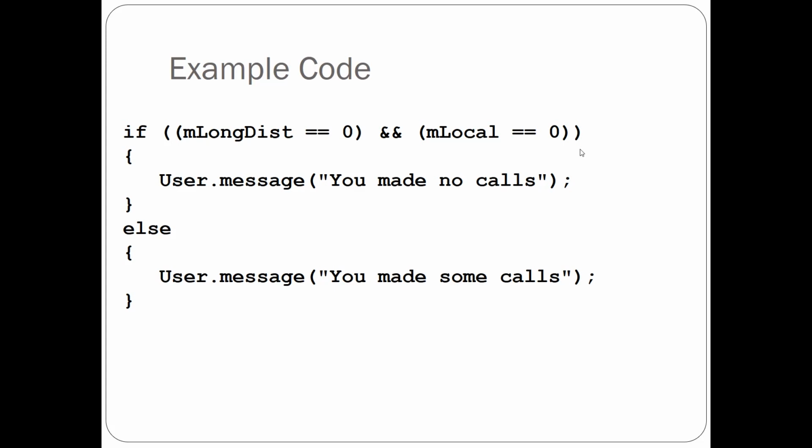In the context of the program that you're going to be demonstrating in a minute, it basically identifies that if the number of long distance calls is 0 and the number of local calls is 0, so if both sides are true in order for the AND to produce a true, then it will tell us that we made no calls. Obviously, if that's not the case and these two values are clearly different than 0, it will tell us that we've made some calls.